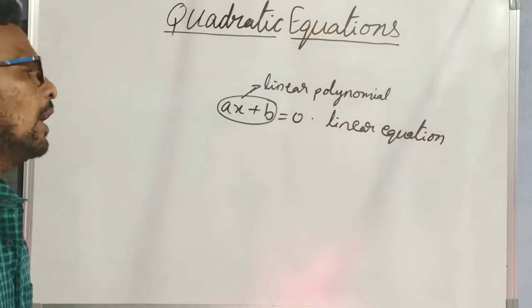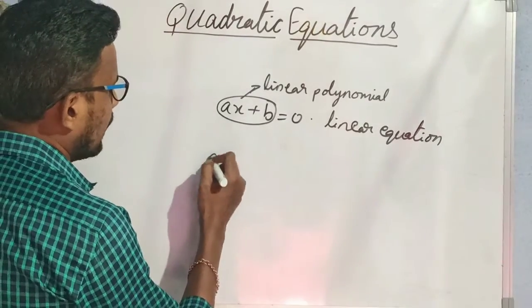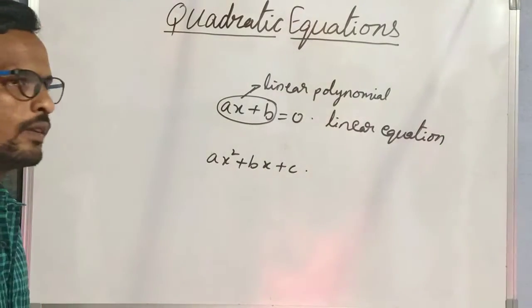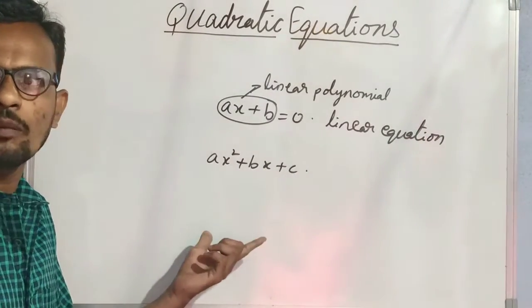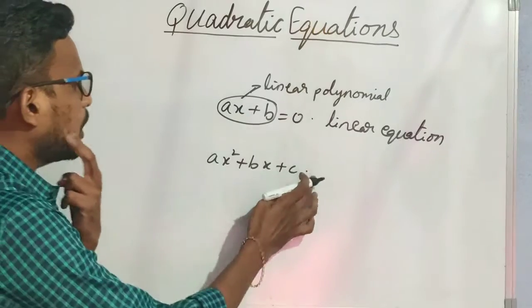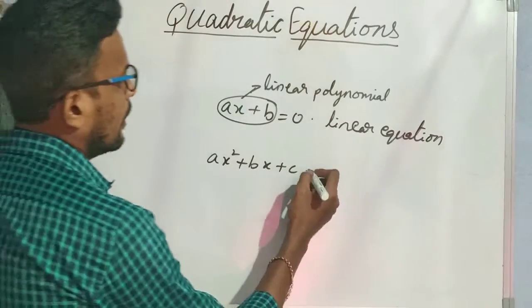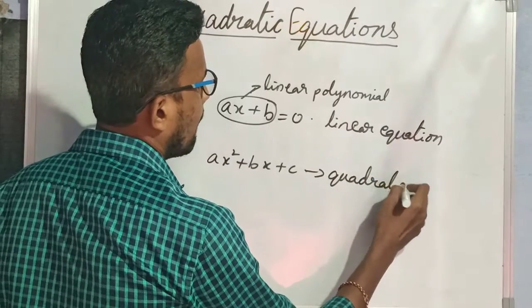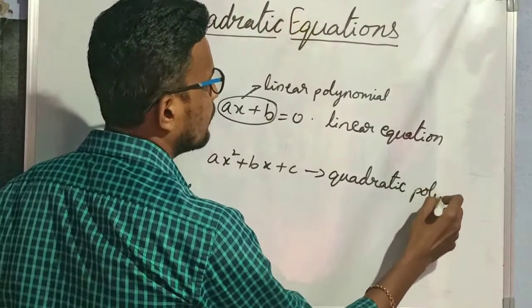Understood? Now already I have said about the quadratic polynomial. So ax square plus bx plus c, yes, this is a quadratic polynomial. Polynomial means equal to 0 will not be there. Clear? This is a quadratic polynomial.